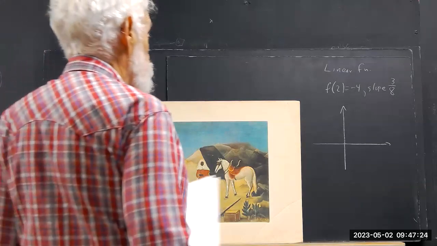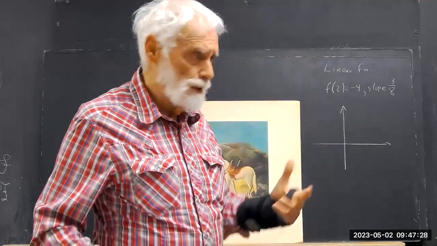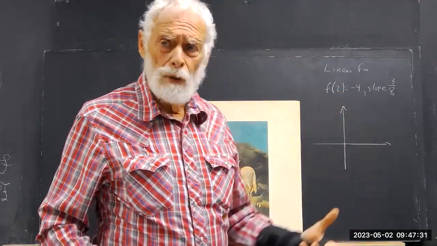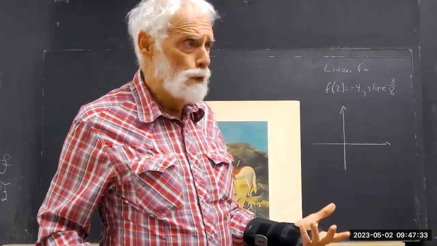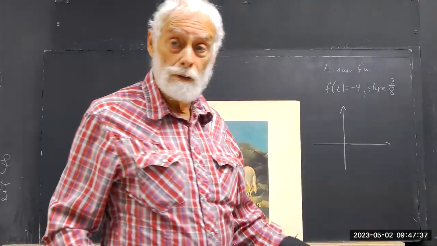Okay, so somebody said, you got Y, something about Y. I said, well, what about Y? And so I said, well, -4. All right. Of course, I would ask, what does f of 2 equals -4 tell you?